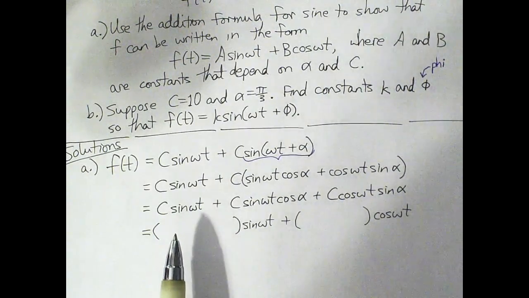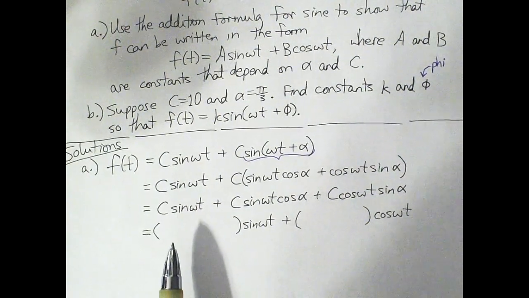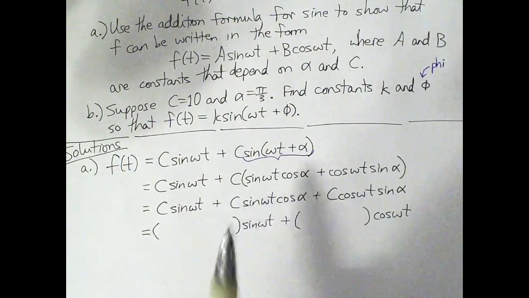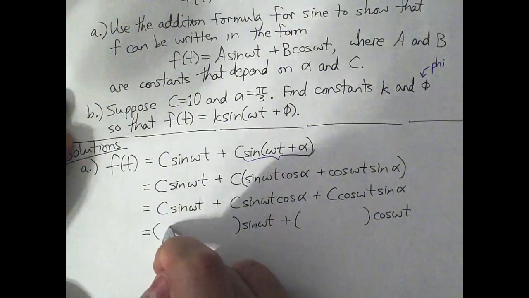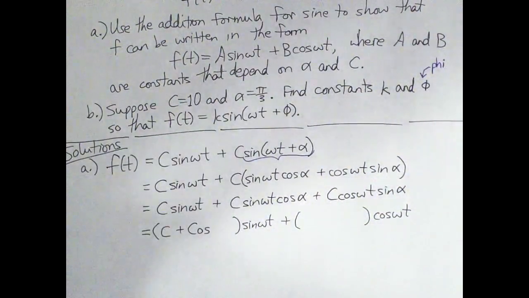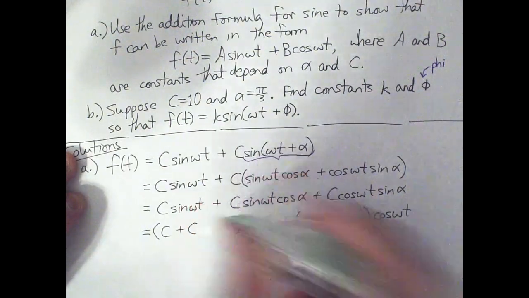I think that in the first set of parentheses, it's going to be c plus something. How about c plus c cosine alpha? Whoops, I'm trying to write c cosine, and I just wrote like a capital cosine. Let's fix that a little bit.